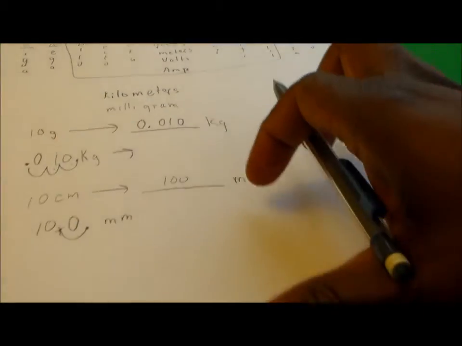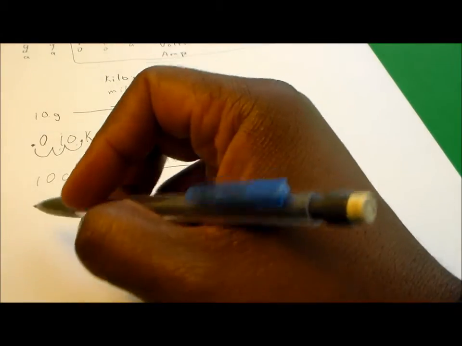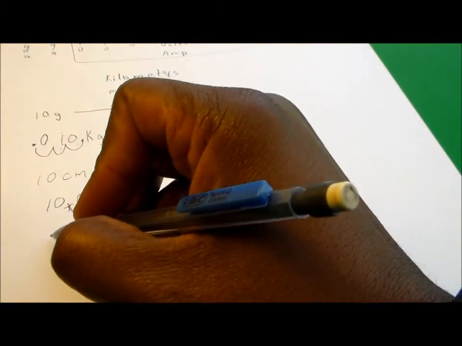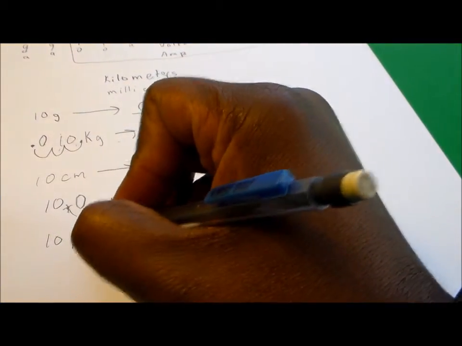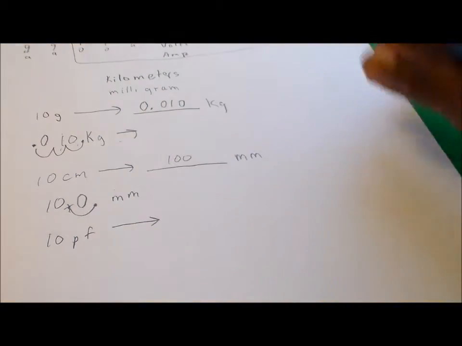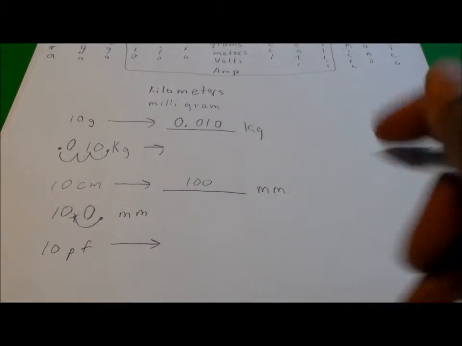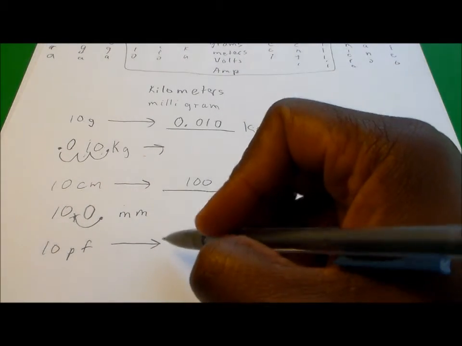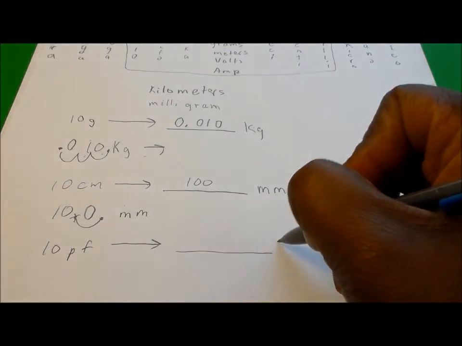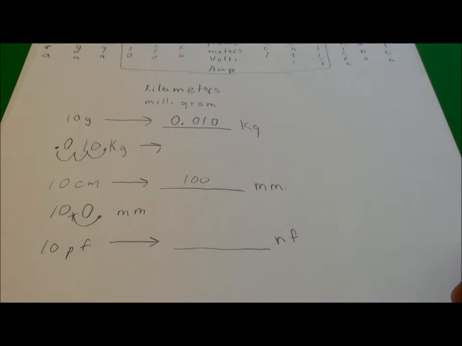So let's say, for instance, through an example, we have 10 picofarads, and we're asked to convert that to, let's say, nanofarads. So we want to know how many nanofarads.